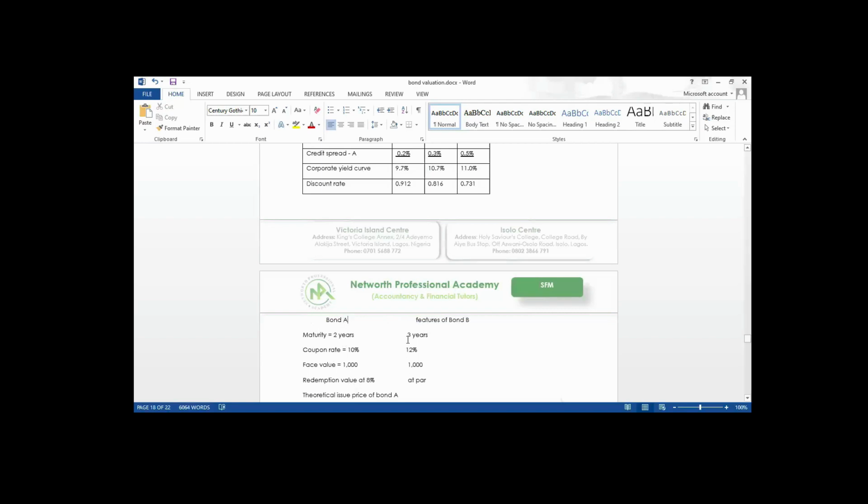And why you have this for bond B? 3 years. Annual coupon 12%. Face value 1,000. Redemption at par.